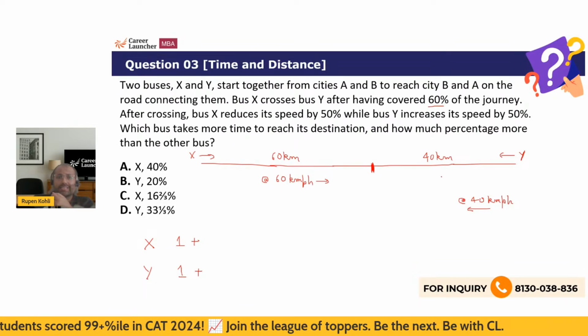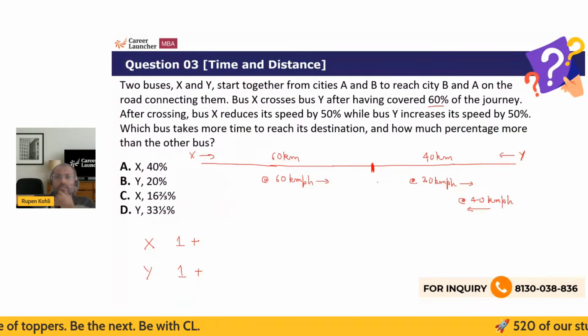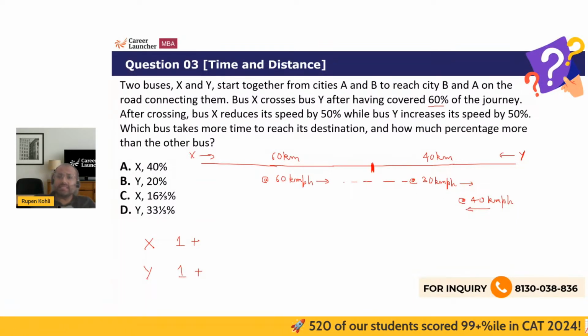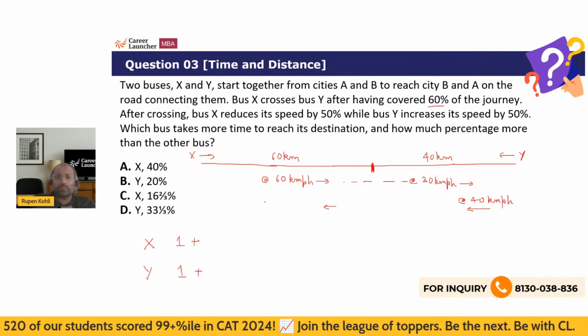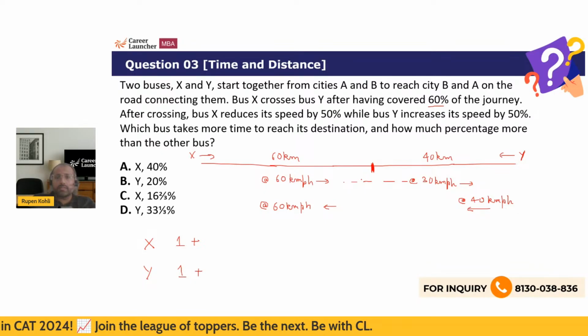So bus X now has the speed of 30 only over here on its second half of the journey, and bus Y increases the speed by 50%. So 40 will become 60. So this bus will now be moving at the speed of 60. Bus Y. This is the journey of bus X. This is the journey of bus Y.